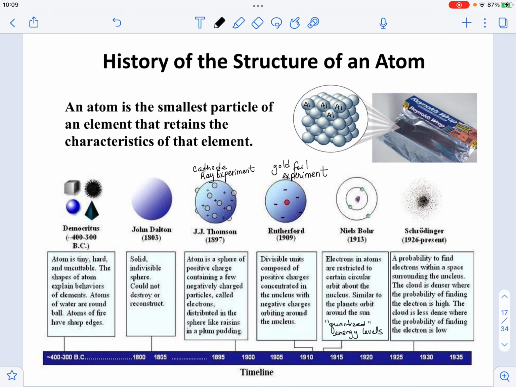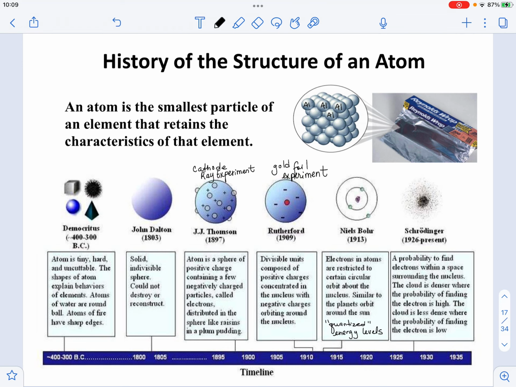After that, researchers, starting in 1897, started thinking, okay, is the atom the smallest thing that we have of an element? And J.J. Thomson did what is called the cathode ray experiment. In the cathode ray experiment, he was studying atoms and trying to understand whether the smallest particle is the atom, or whether the atom also has little pieces incorporated in it.